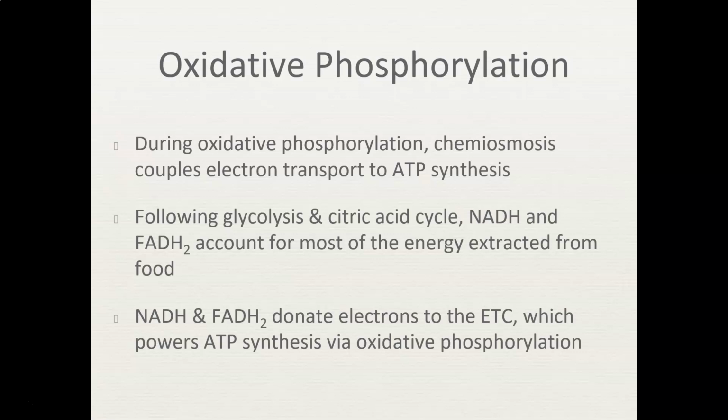Oxidative phosphorylation is those two components put together, and it's really what's going to drive the bulk of the ATP synthesis in cellular respiration. It's this process that gets the bulk of that ATP produced in the vast majority of organisms.